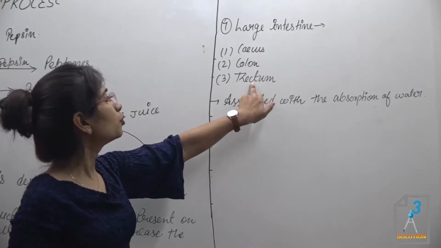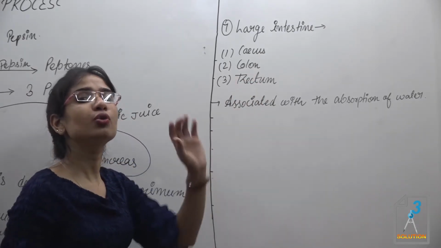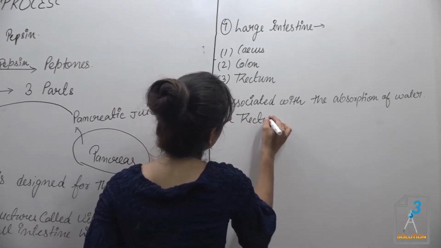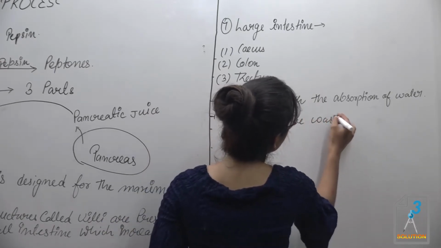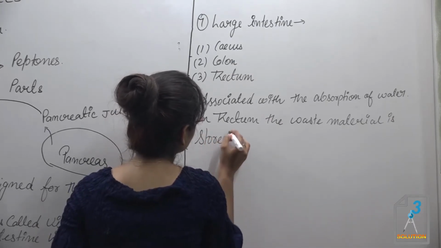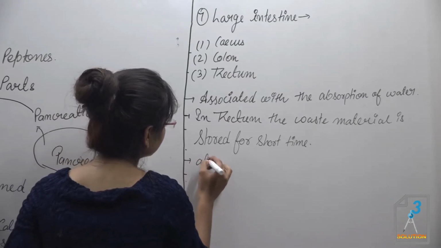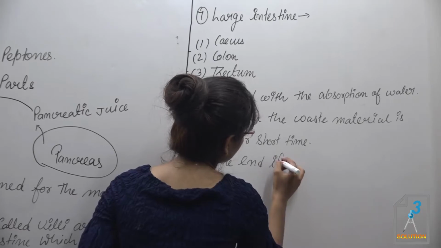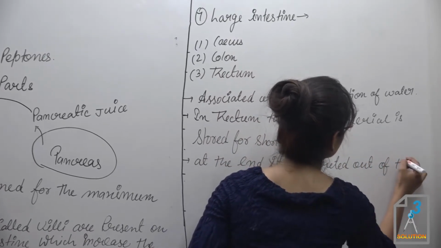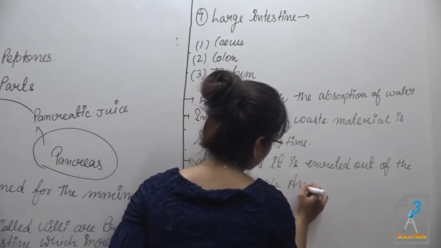Simply. Next, the last portion of the large intestine is the rectum. The rectum is the portion where the waste material is collected or stored for a very short period of time. In the rectum, the waste material is stored for a short time, and at the end it is excreted out through the anus.